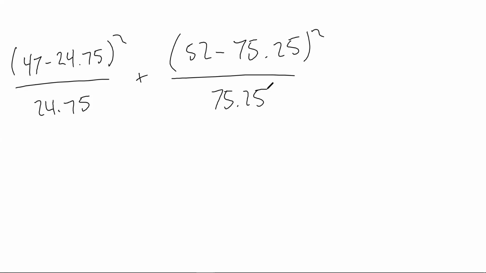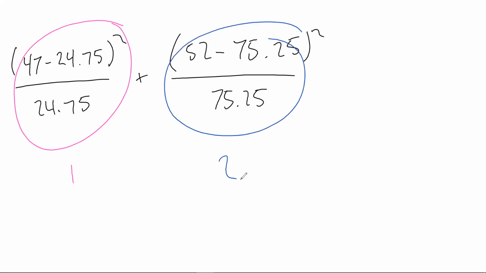So how do I know what the degree of freedom is? I added once, I added twice. That means I have added 2 times, I take away 1, that gives me 1 degree of freedom. Does that make sense?